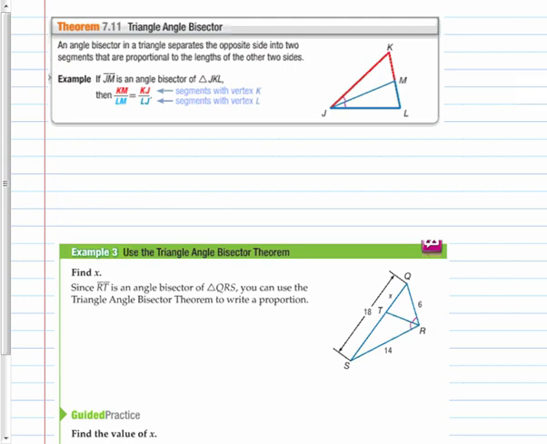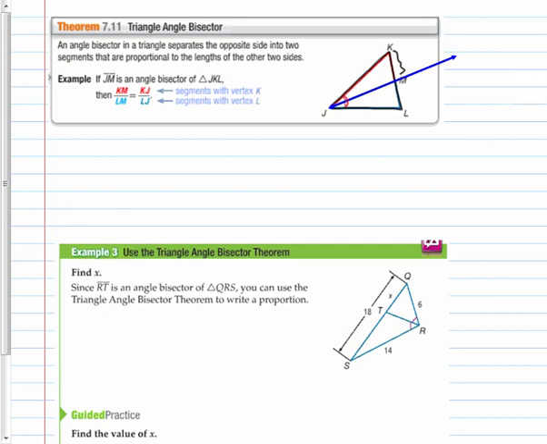Triangle angle bisector theorem. If we have a triangle, this is the original triangle they're talking about. And then if we have an angle bisector, so there's an angle bisector right there, so I know these two things are congruent. Then that angle bisector has divided up this side of the triangle.